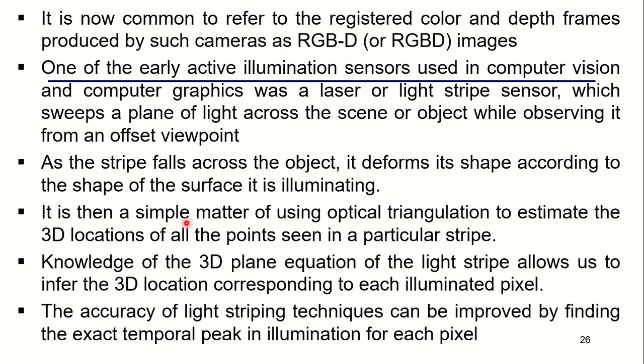It is then a simple matter of using optical triangulation to estimate the 3D locations of all the points seen in a particular stripe. Knowledge of the 3D plane equation of the light stripe allows us to infer the 3D location corresponding to each illuminated pixel. The accuracy of light striping techniques can be improved by finding the exact temporal peak in illumination for each pixel.